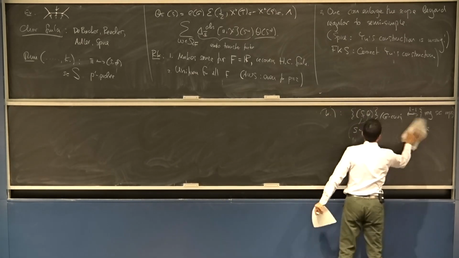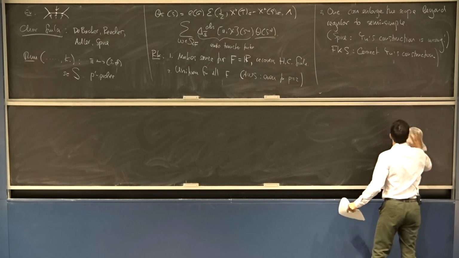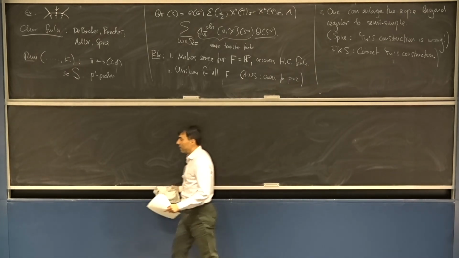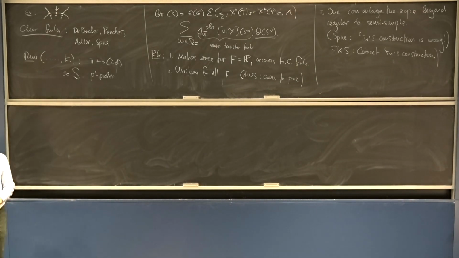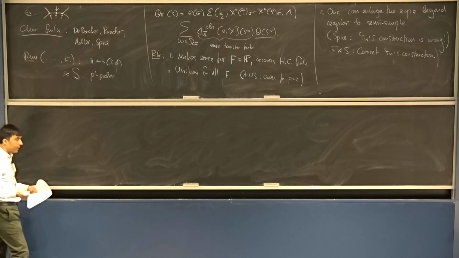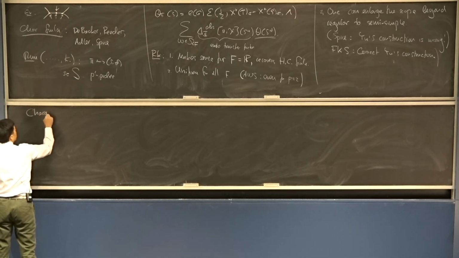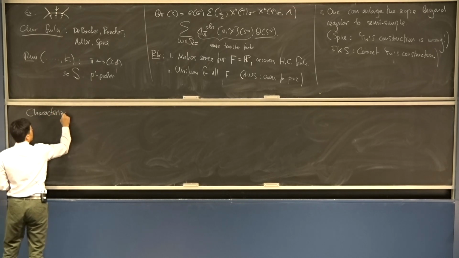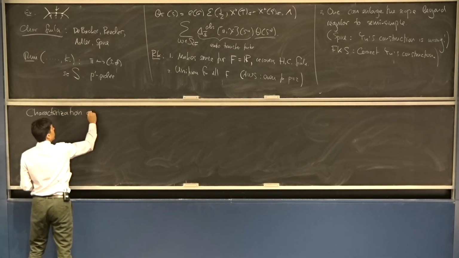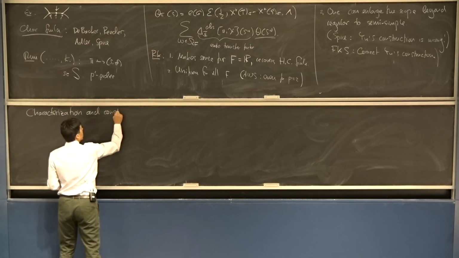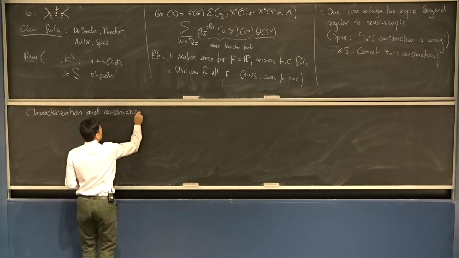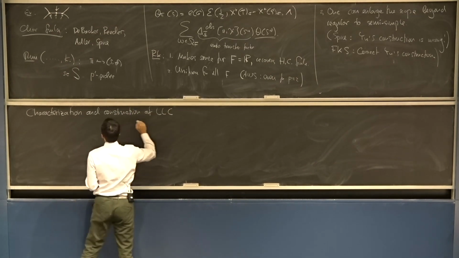I want to not just have a streamlined construction here. I also want to have a characterization. I want to know that the thing that is being constructed there is the unique thing that one can possibly construct. So this is going to be a characterization and construction of LLC.